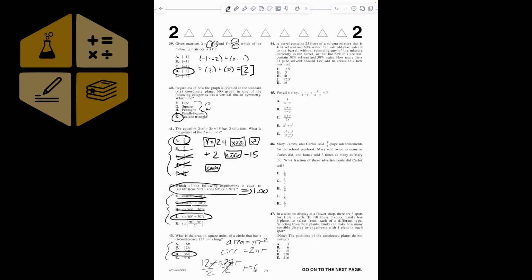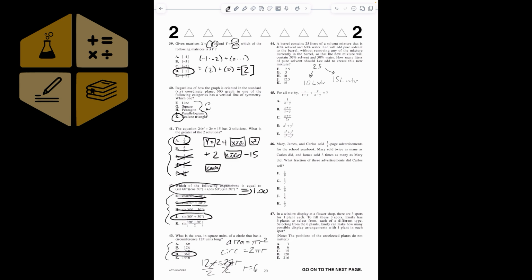Okay, the first thing I want to do is figure out how much of this initial 25 liters is water and how much is solvent. So in the initial 25, 40% of it is solvent. So 25 times 0.4 in my calculator to find 40%. Sure enough, that's 10 liters is solvent, okay? And that means that the remaining 15 liters is water. So what Lee wants to do is add a little bit more solvent so that it's 50-50, okay?